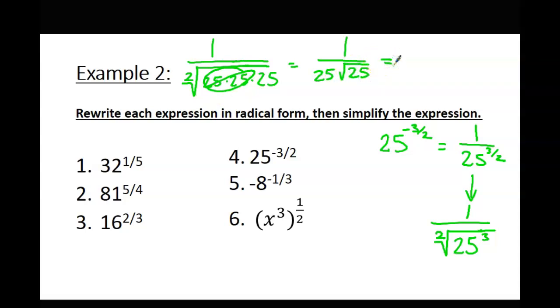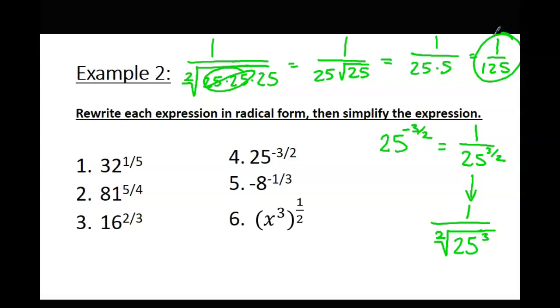But I'm not necessarily done, right? Now, what's the square root of 25, you guys? There you go. So it's literally the same process, just in practice.